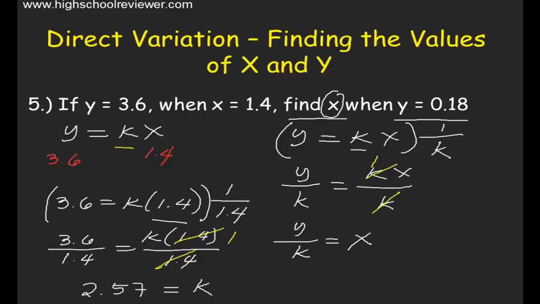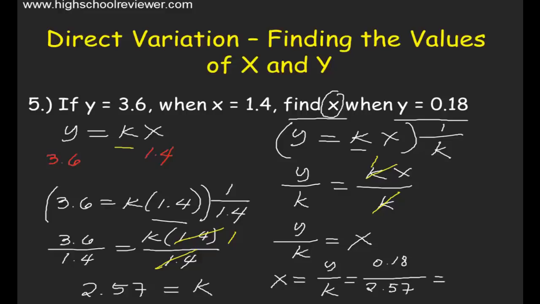Okay. So we can rewrite this. x will be equal to y all over k, and our value for y is 0.18, and this will be divided by the value of k, 2.57.